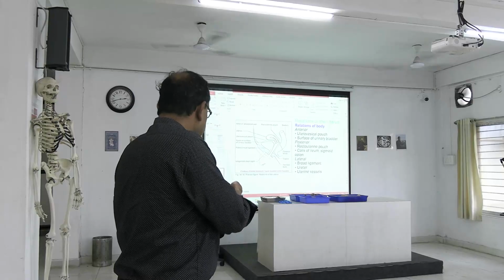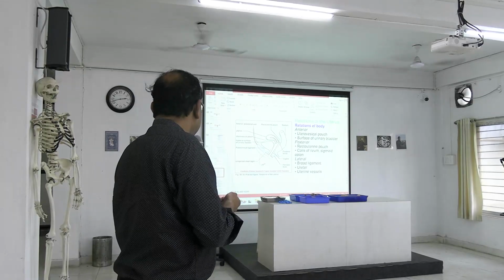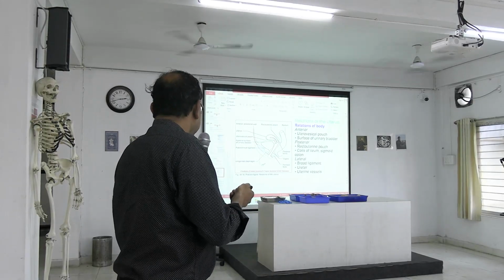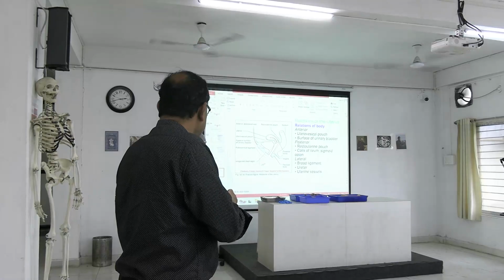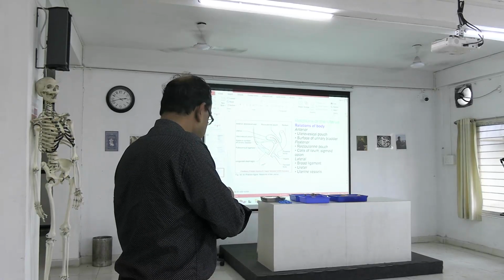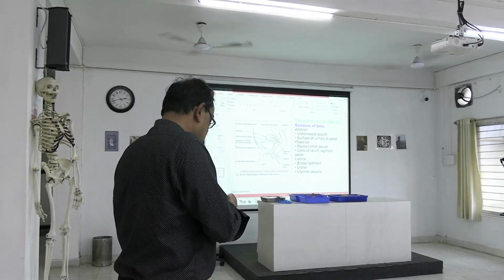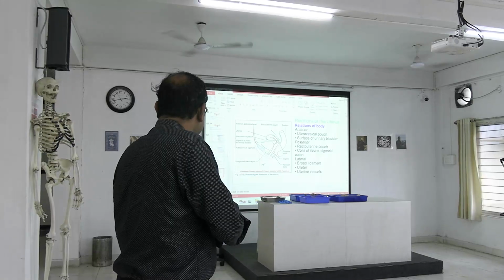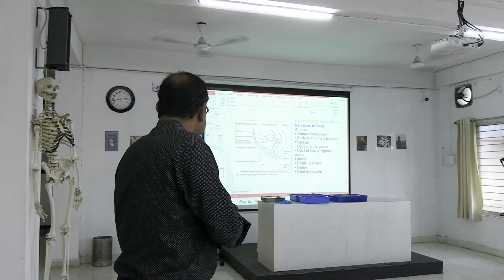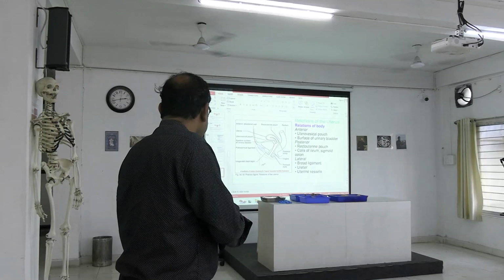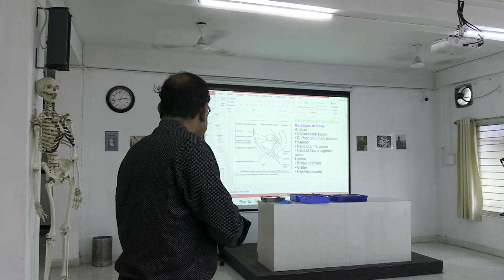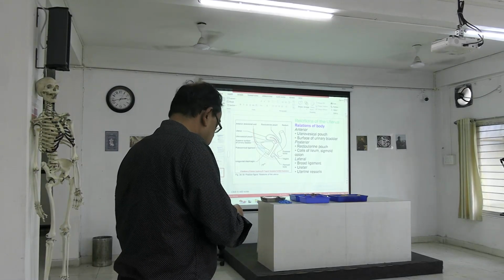So, you can see the relations of the body of the uterus. In front, we get the urinary bladder and symphysis pubis, behind the rectum, and here we can get the coils of ileum. Here also we can get other structures.